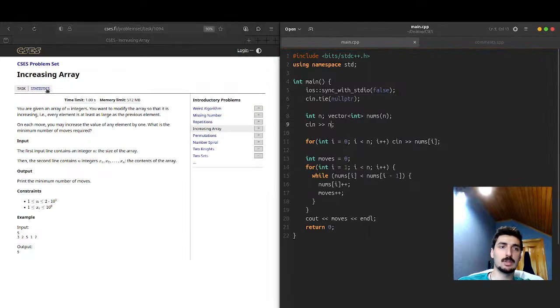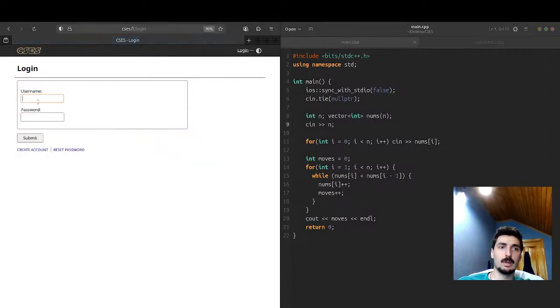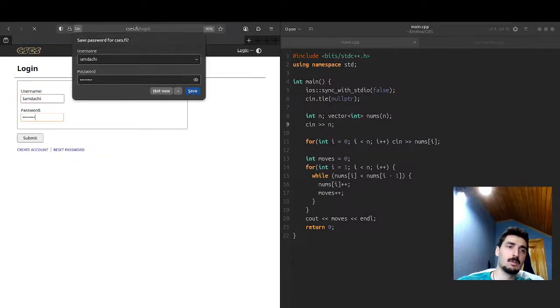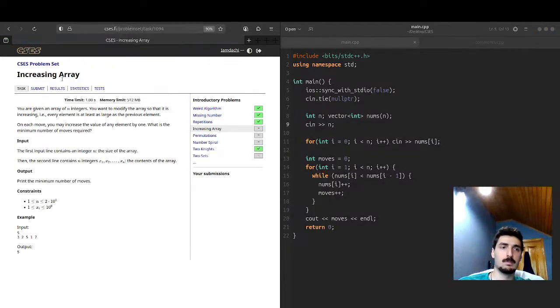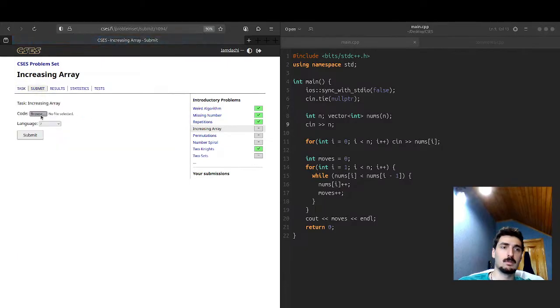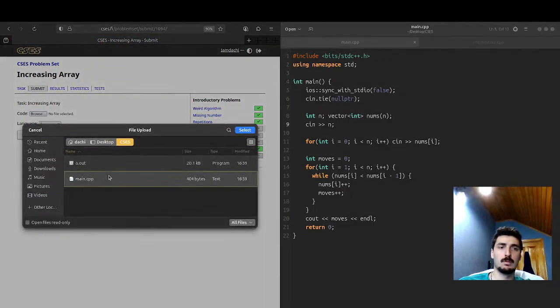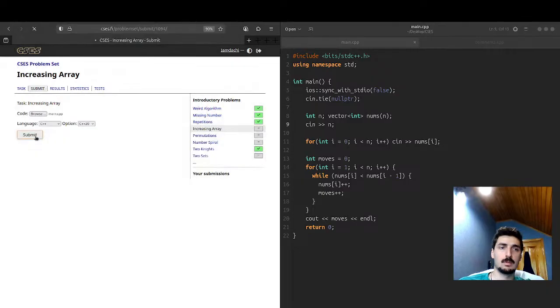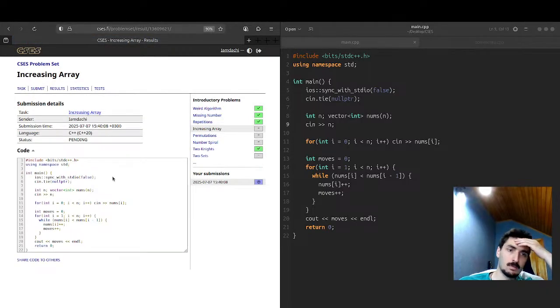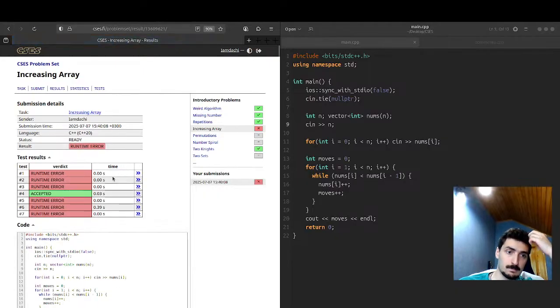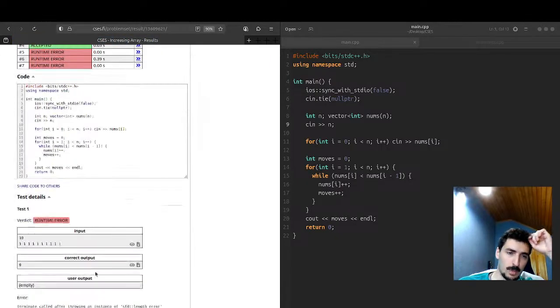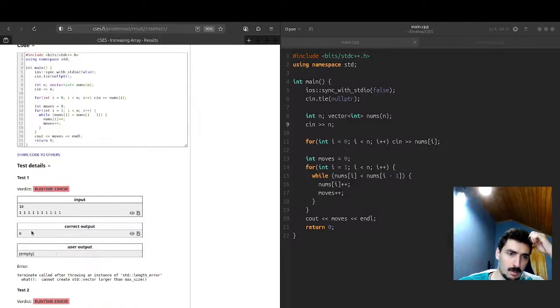Now I should just, oh, wait a minute. What, we have a runtime error? Why?